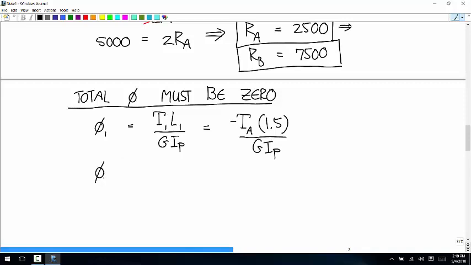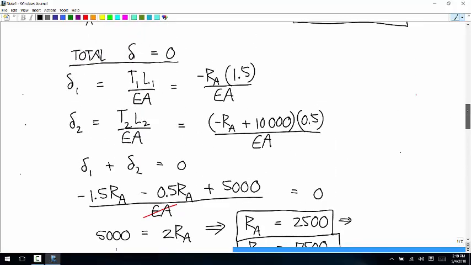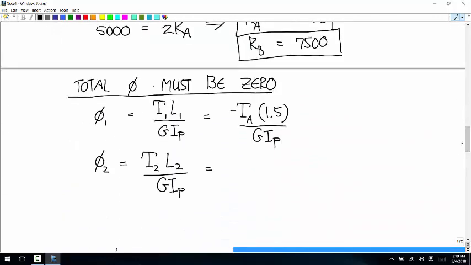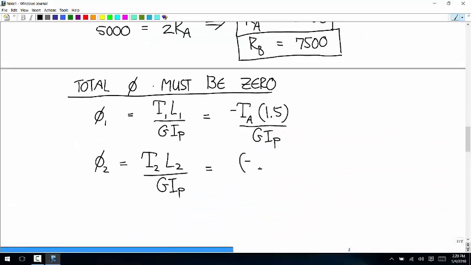The angle of twist in the second section is the torque on section 2 times the length of section 2 divided by G I sub P. And that's equal to, so go to the second cut, the internal torque is negative TA minus 1500. The length is 0.5 divided by G I sub P.